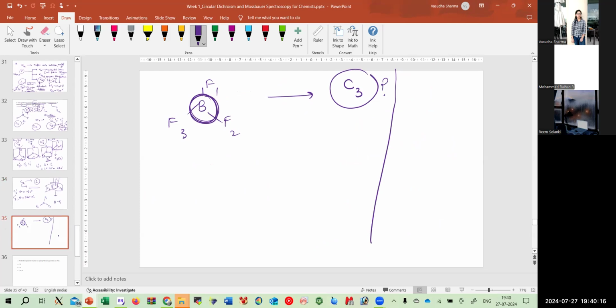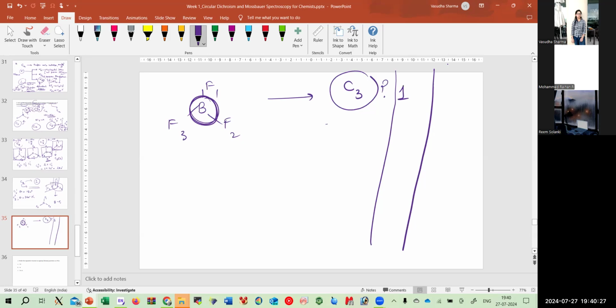Is it one? Is it two? Is it more than three? Only one can exist, because the principal axis can only be one. It can't be multiple. And how many operations can this C3 give? Two. And what are those? C31 and C32. Is it clear?